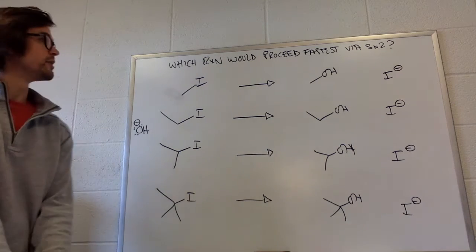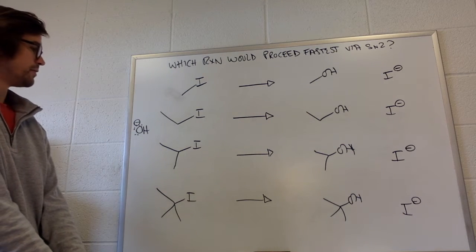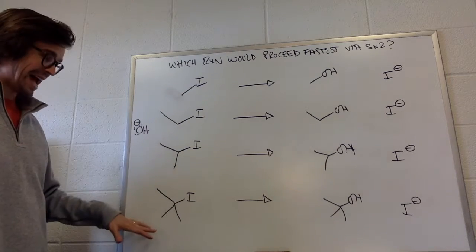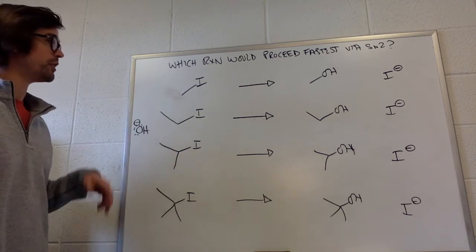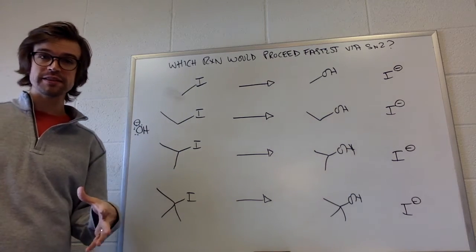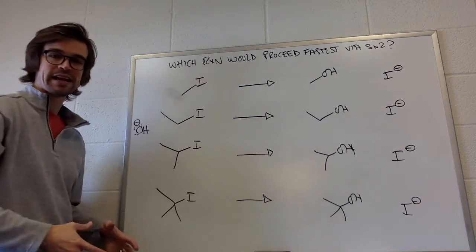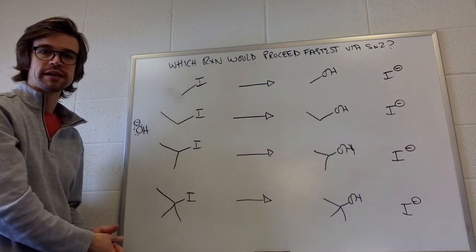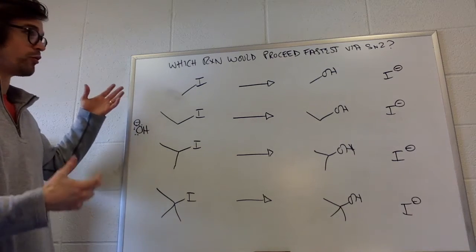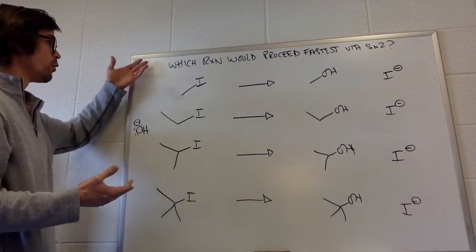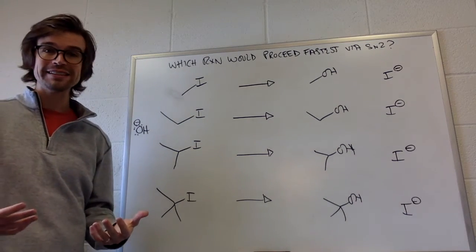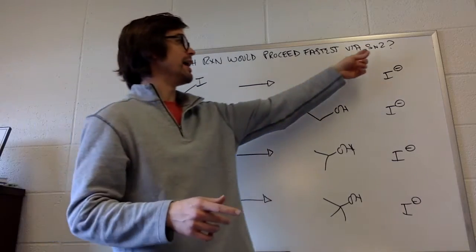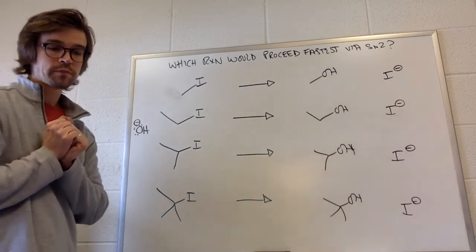All right, so here's the next question. We have alkyl iodides. We have a nucleophile, and the nucleophile is the same. The leaving group is the same across all 4 of these examples. But the question remains, which reaction would proceed fastest via an SN2 reaction, right?